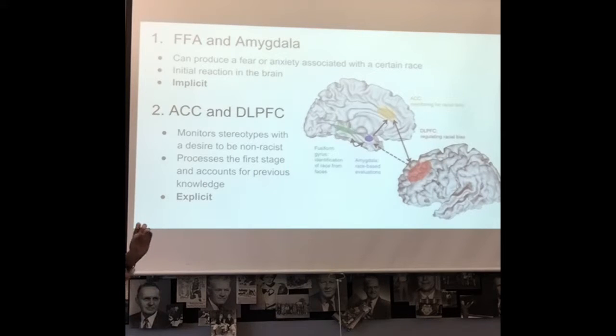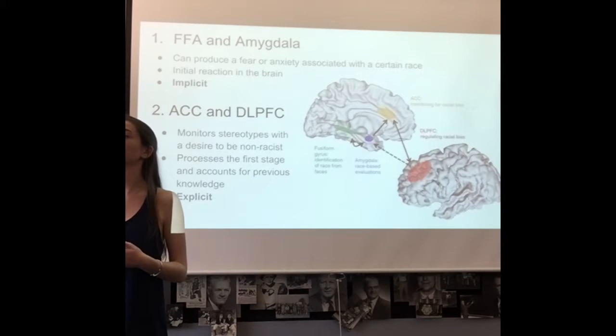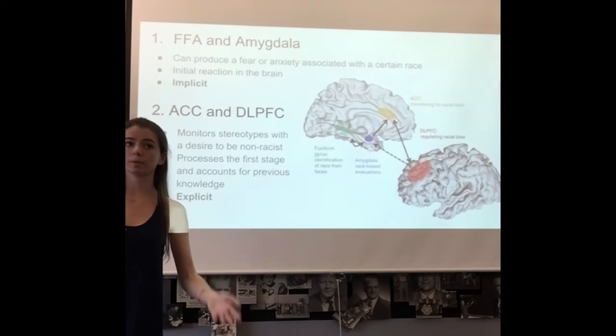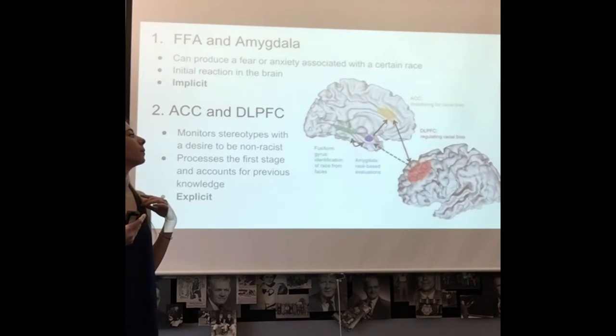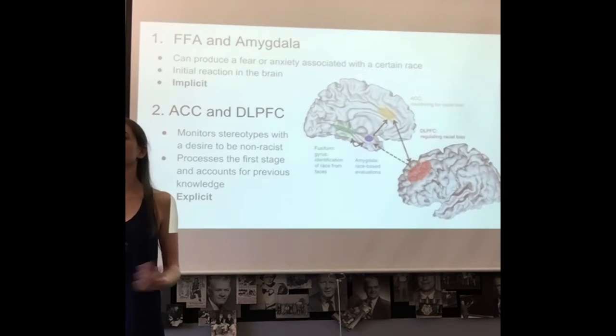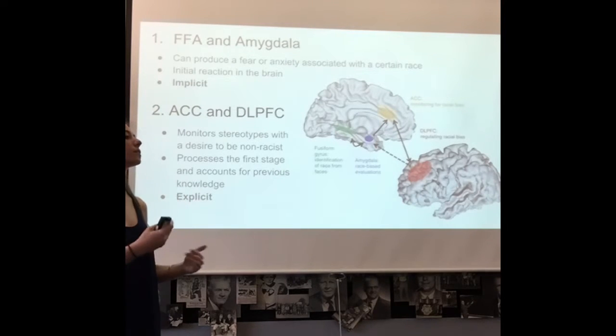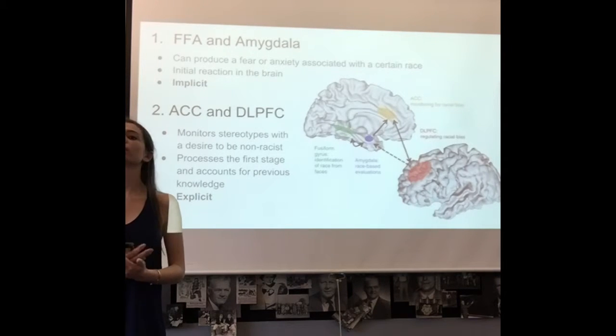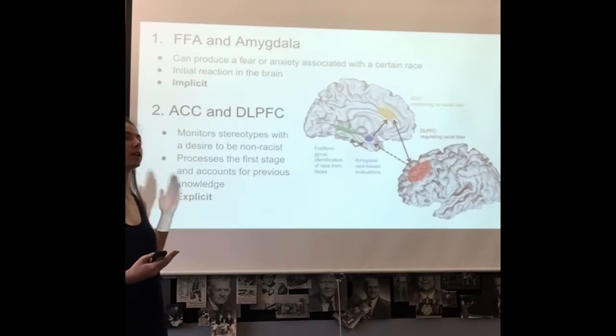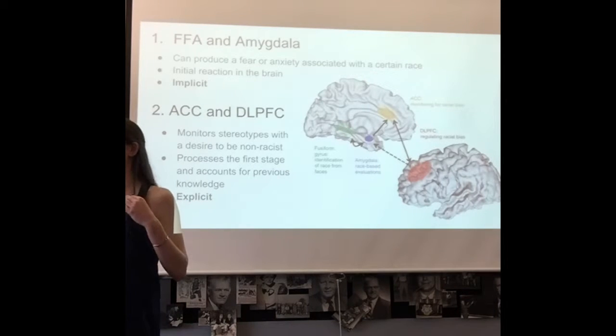So this ties back to the first study. In the first study, there was a difference between those interviewed by the black person and those interviewed by the white person. In the results of the people interviewed by the white person, there was less of the second stage involved. It was more indicative of the FFA and amygdala stage, this implicit reaction.